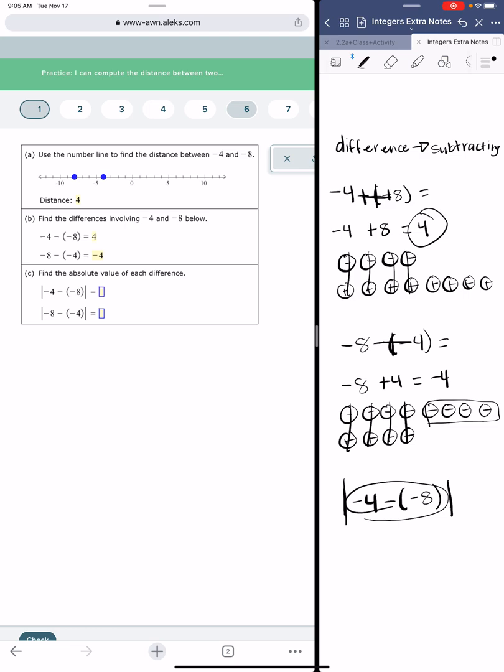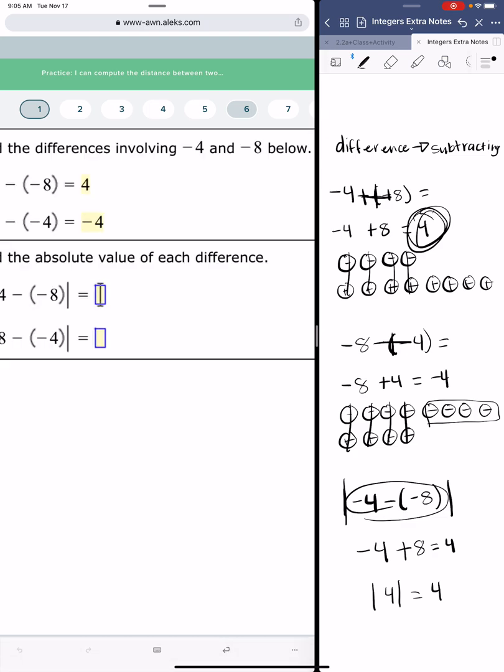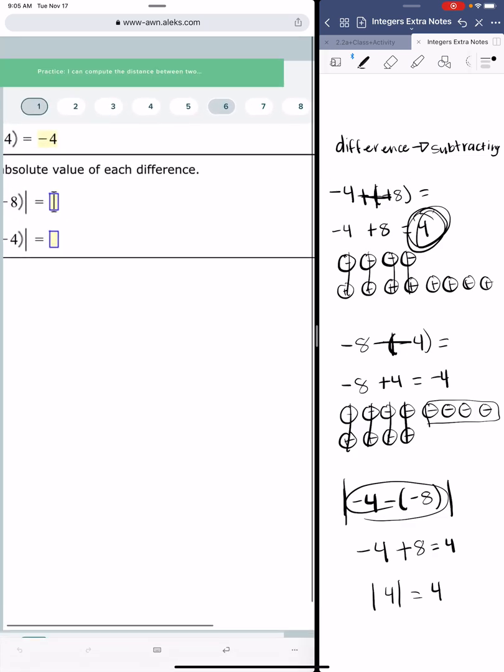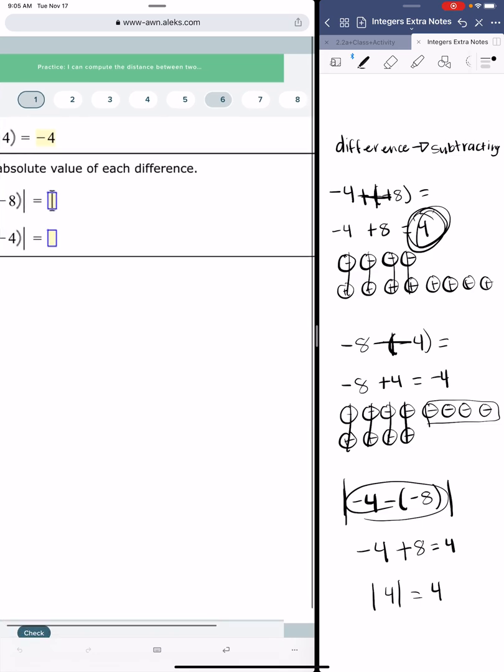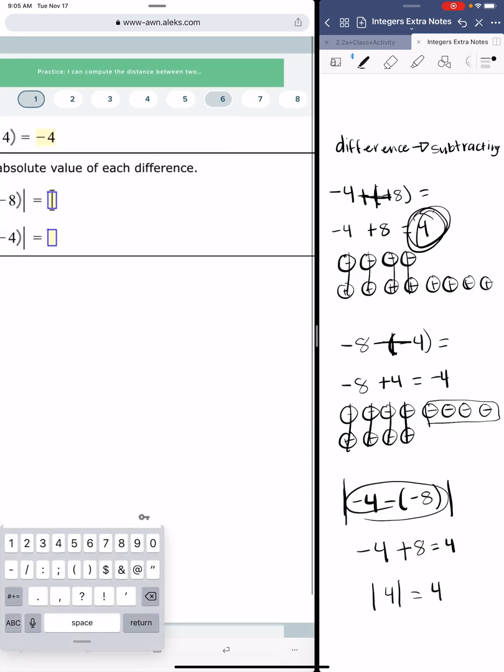So we know that -4 subtract -8 is really adding 8, and we know that that equals 4 because we did it way up here. So we now need the absolute value of 4. Well, 4 is 4 spaces away from 0, so it's 4.